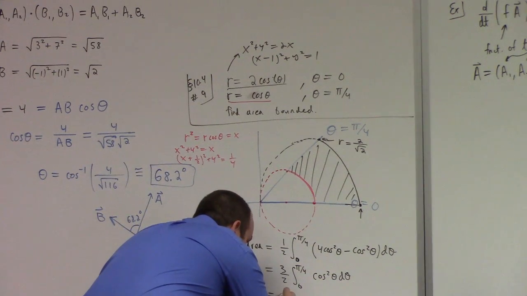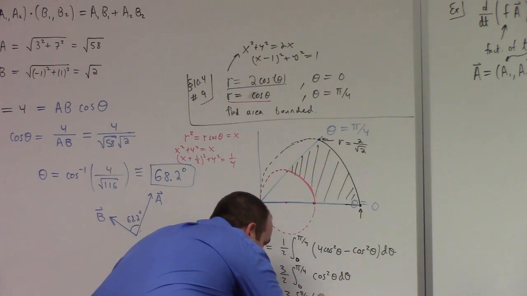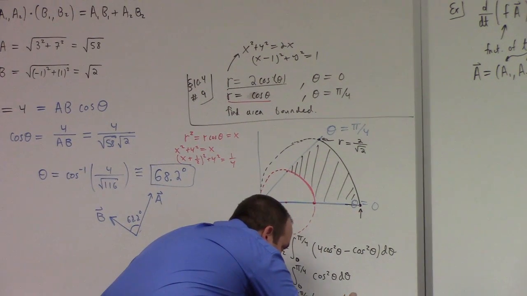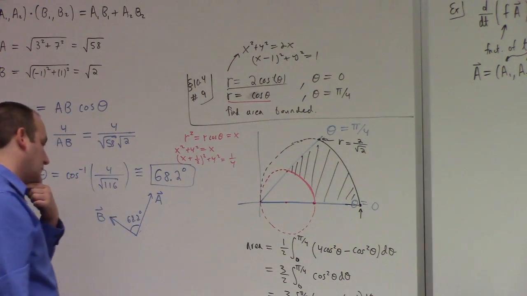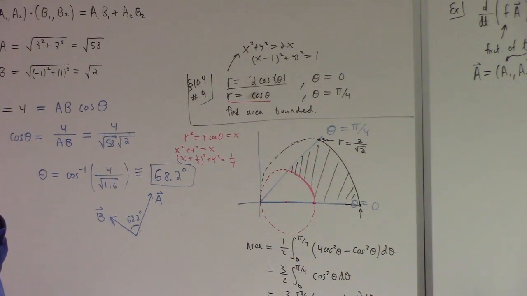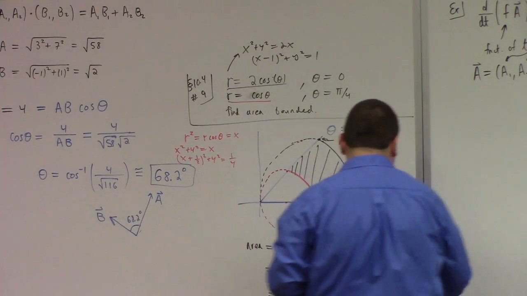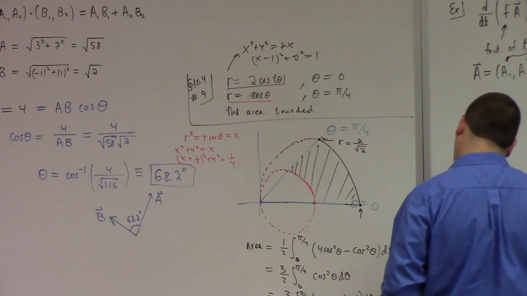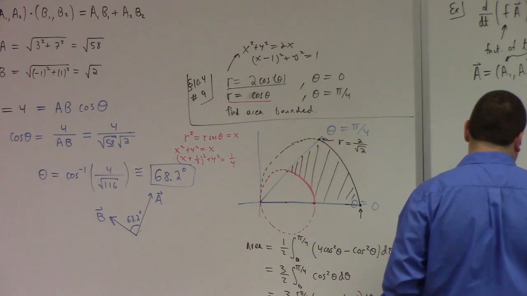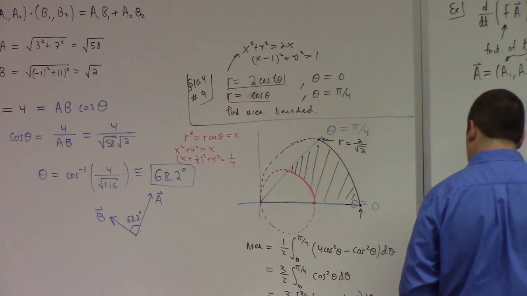So that's actually 3/4 the integral from 0 to pi over 4 of 1 plus cosine of 2 theta. That becomes, oh, I guess I can't ignore anything there. So I get 3/4 theta plus 1/2 sine 2 theta, evaluated from 0 to pi over 4.